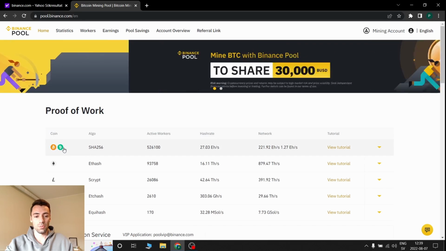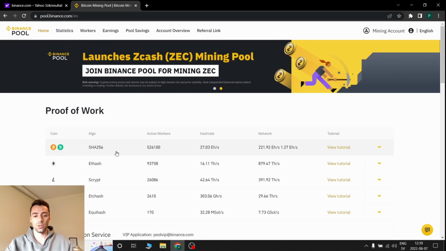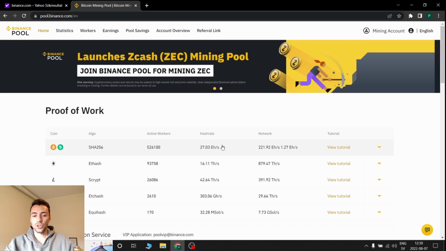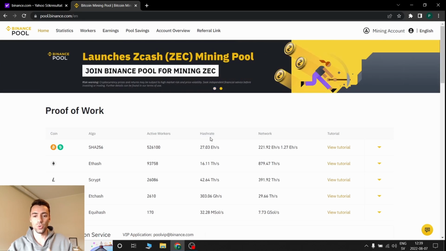Here, for example, this is the coin Bitcoin, or also Bitcoin Cash, which uses the SHA-256 algorithm. And this shows you the hash rate, because each miner has a specific amount of hash rate that is used. This shows the network, and you can invest in them.